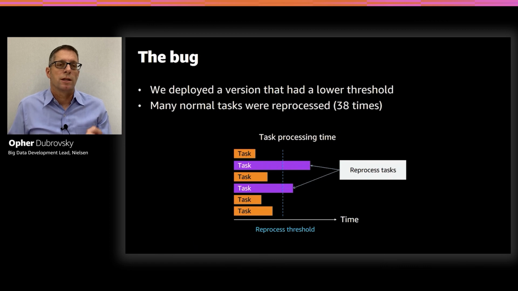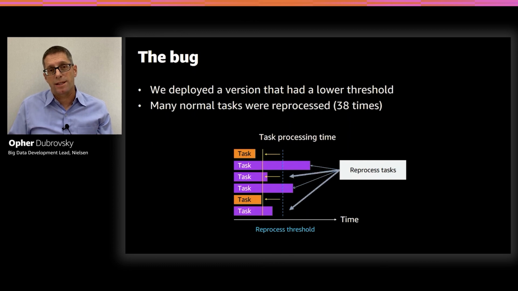What happened was we were working on a new version and testing all kinds of thresholds. And for some reason, we forgot to change the threshold back, and the threshold changed to a much lower number. As a result, a lot of tasks got marked to get reprocessed, even as they were processed correctly by the pods. So some tasks were completed and then set to reprocess and reprocess.